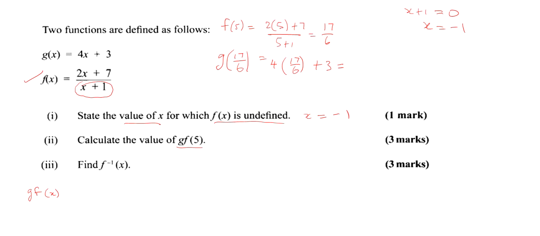So we end up with, well, you can just use your calculator in this case here. So we end up with 43 over 3.